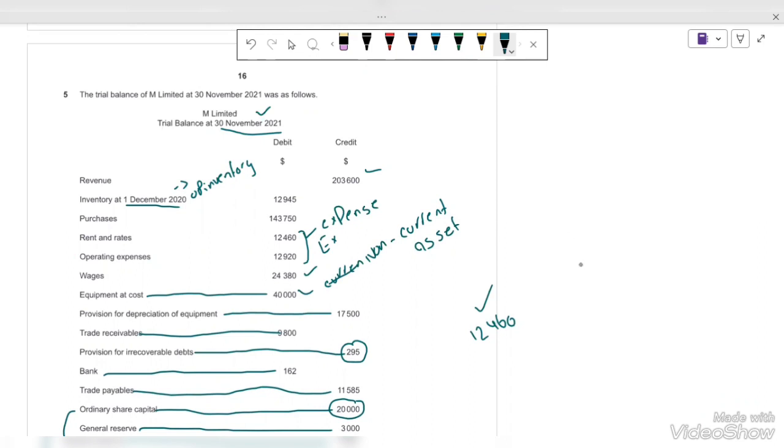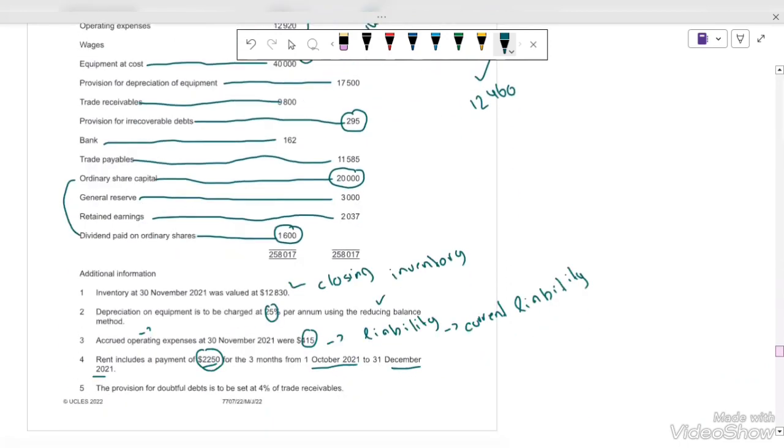First of all, we have to know what the payment of 1 month is. So we will divide this 2250 by 3. 2250 divided by 3, so we have 750.